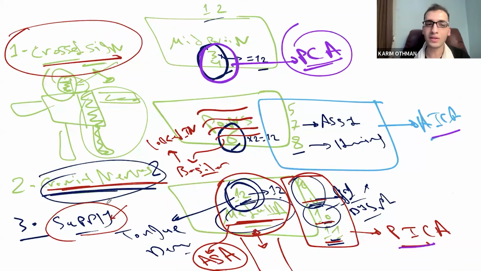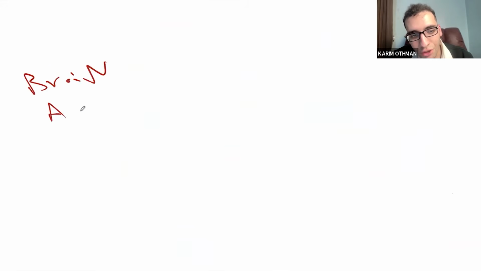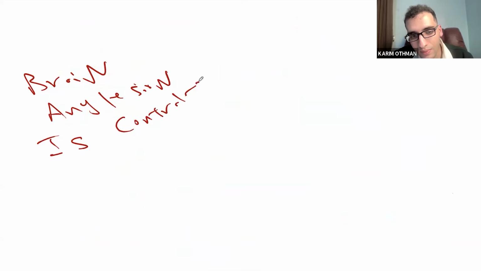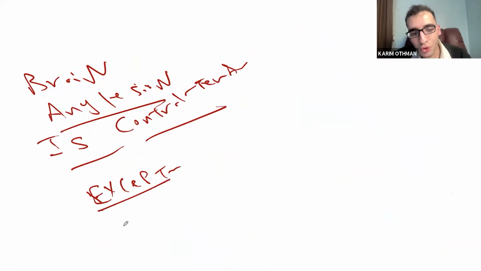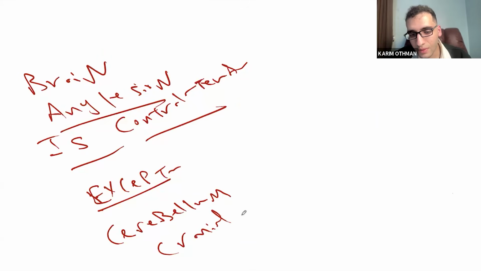But before we do this, I want to give you something very important, guys. Any lesion in the brain is contralateral. Okay. Any lesion in the brain is contralateral. The only exception to this rule is usually the cerebellum and the cranial nerves.